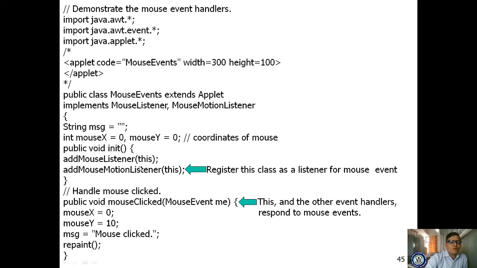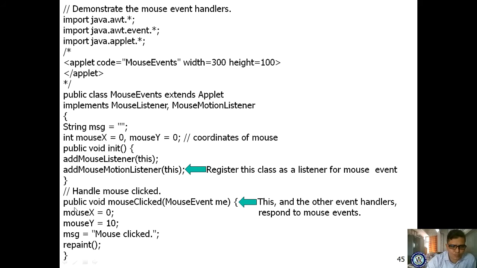Whatever object you supply, this will act according to this class object. Then addMouseMotionListener(this), so the mouse motion listener will act according to this class. And now I am implementing.